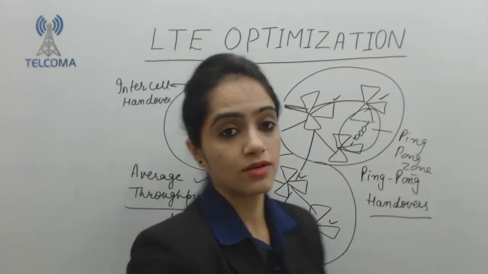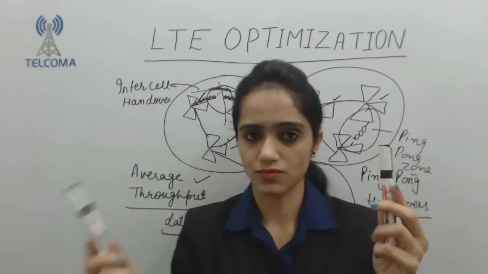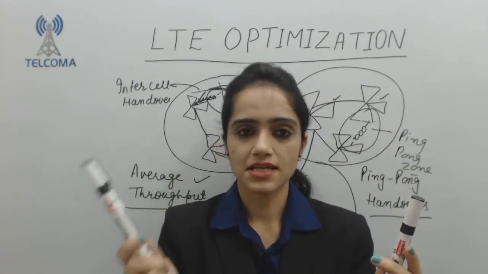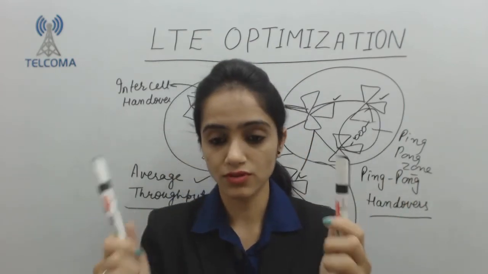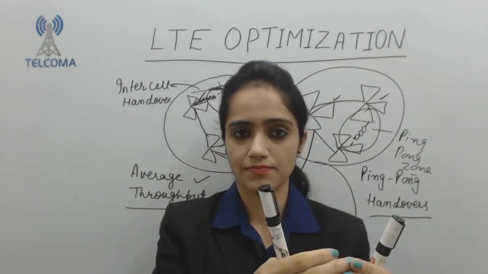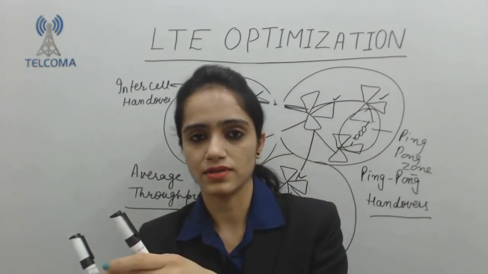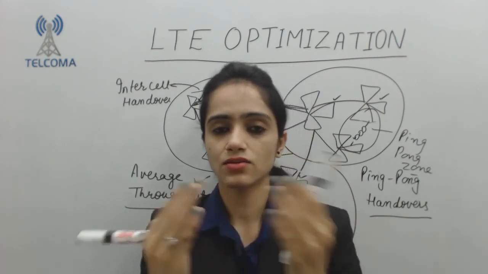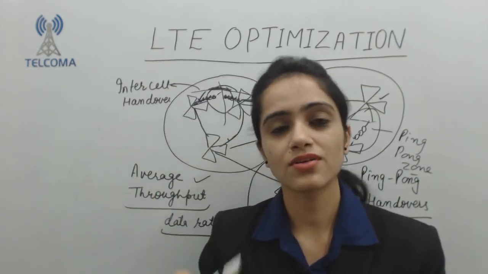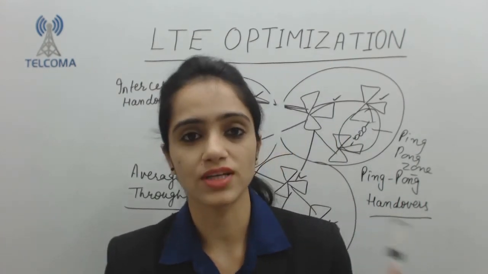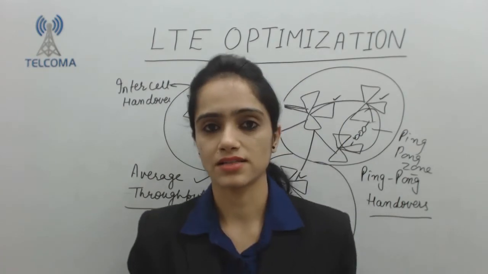Now the ping pong zone or ping pong area involves two cells. If this is my cell 1 and this is my cell 2, the UE asks for handover to this cell because the RSRP value of this one is more. So the UE will demand handover to this cell. Then the other becomes more, so handover again to the first. Handover to 1, then second, then 1 again. That means you have continuous handover between two cells because your RSRP values are fluctuating, and your user equipment is confused about where to attach.